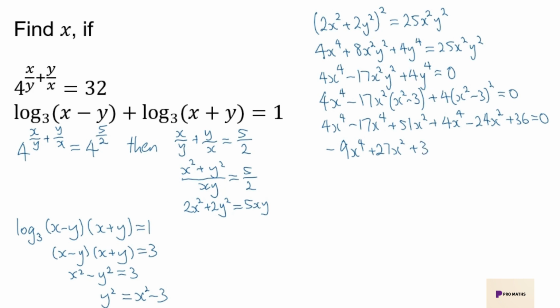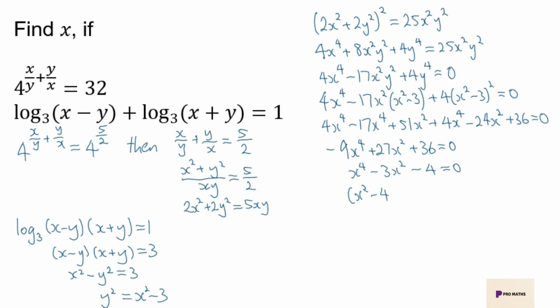Now this is looking promising because all the terms can be divided by 9. We're actually going to divide by negative 9 to make the leading term positive. And then we get x to the 4 take 3x squared take 4 equals 0. We can factorize this as a quadratic in terms of x squared.